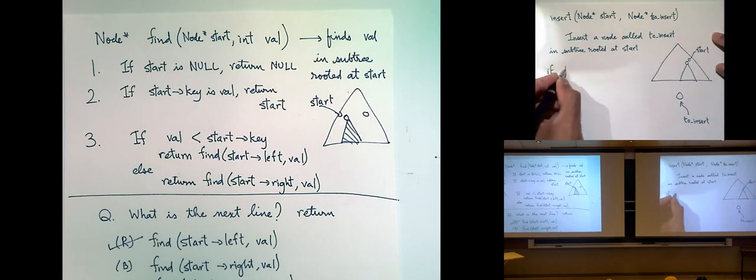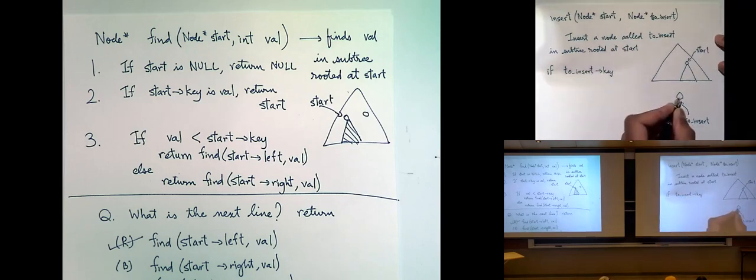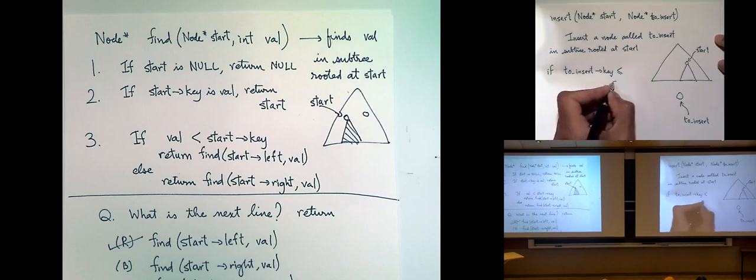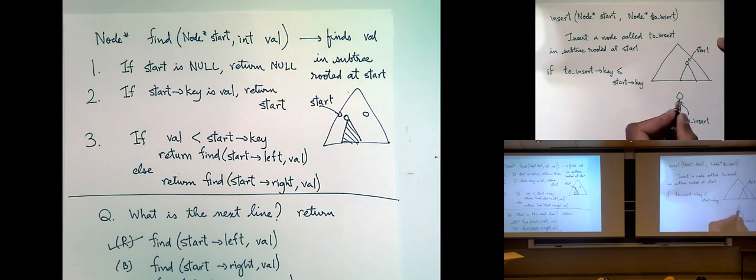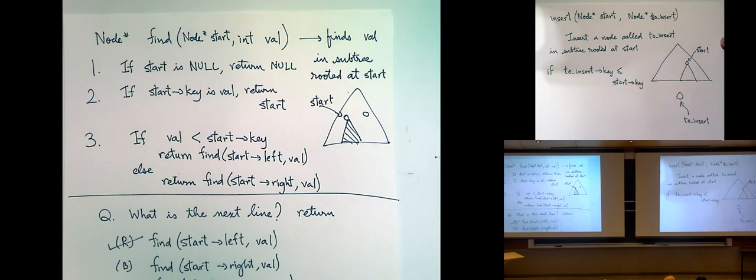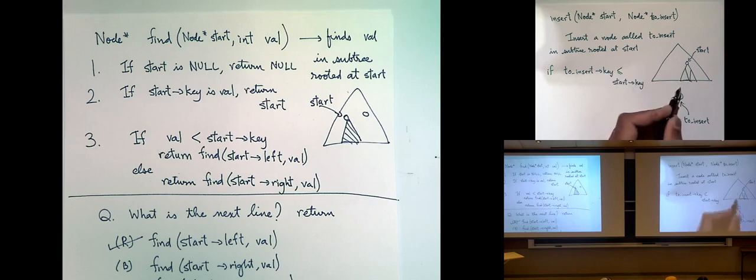So I'll say if toInsert arrow key, the key that is in there, is less than or equal to start arrow key, then I have to go to the left side. I have to insert somewhere in the left subtree.